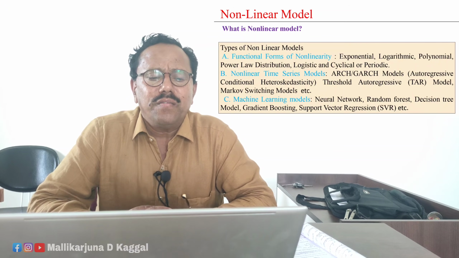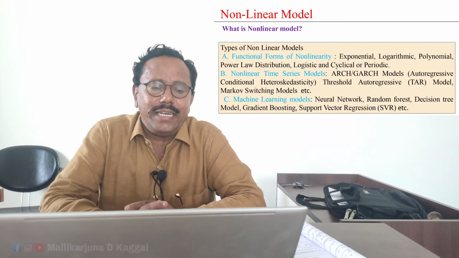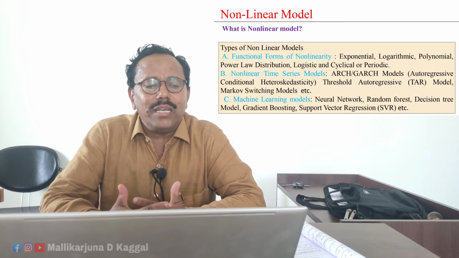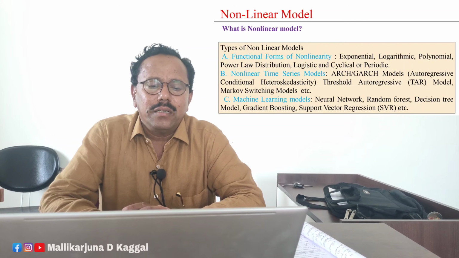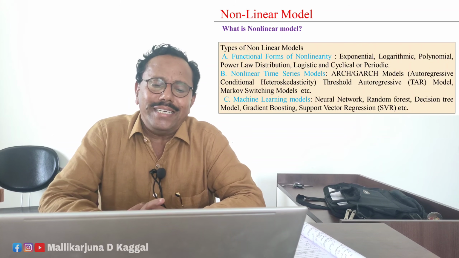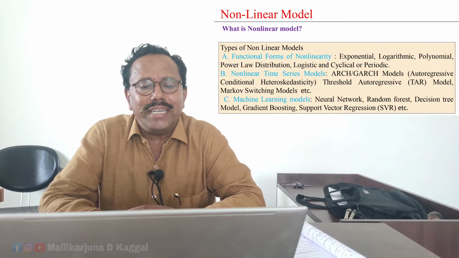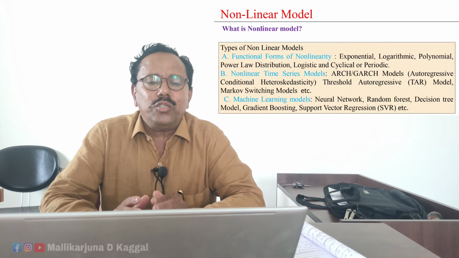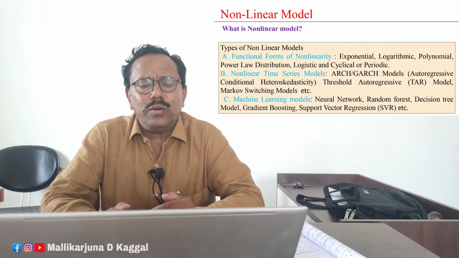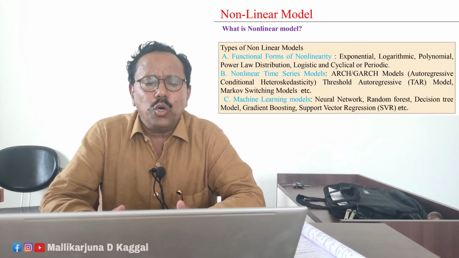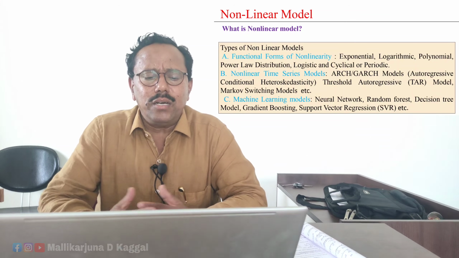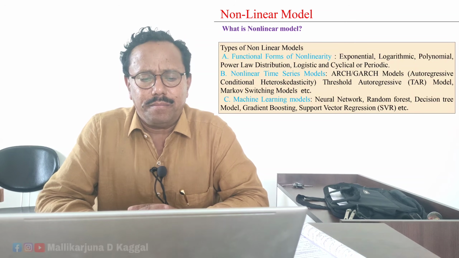The non-linear models are of three categories that I am explaining, very simple: functional form of non-linearity, time series models of non-linearity, and machine learning models of non-linearity. The first one is very simple, the second one is much more complex, and the third one is the most complex.